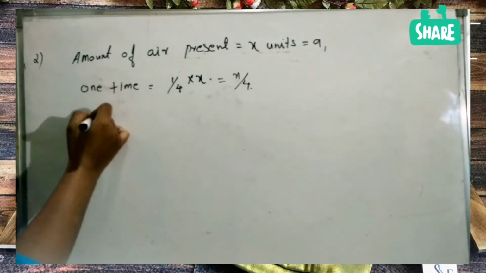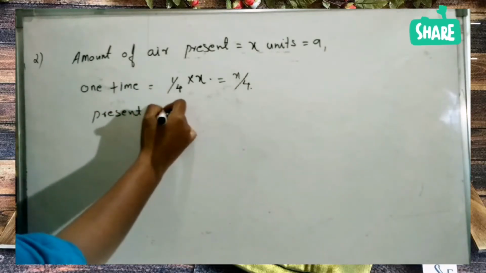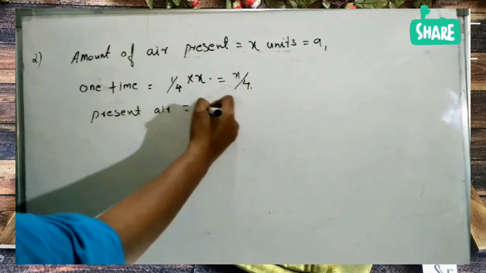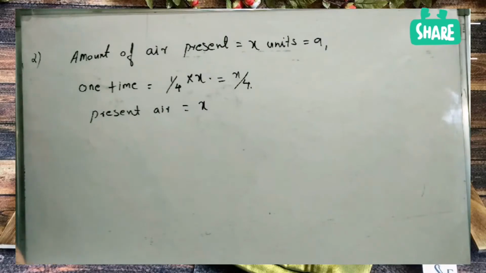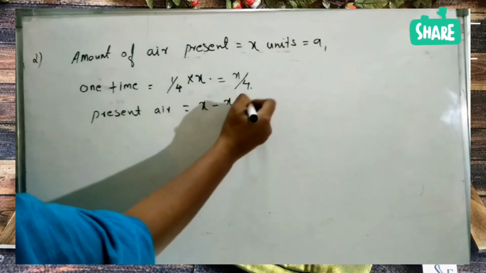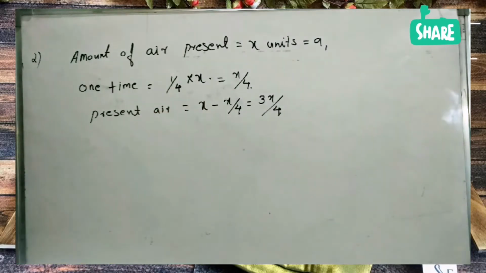Now what is the present air? First we have x, and one-time removal is x by 4. So x minus x by 4 is equal to 3x by 4. Now we have 3x by 4 units of air in that cylinder.